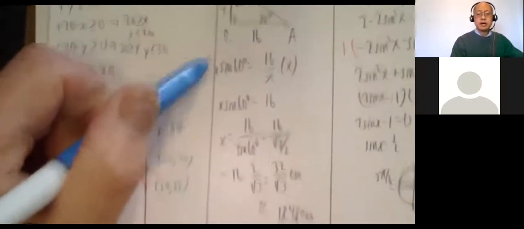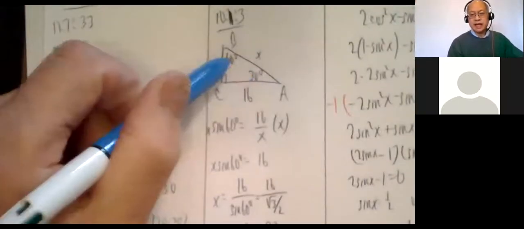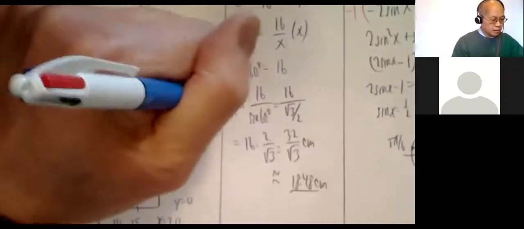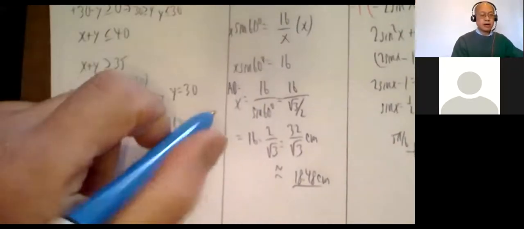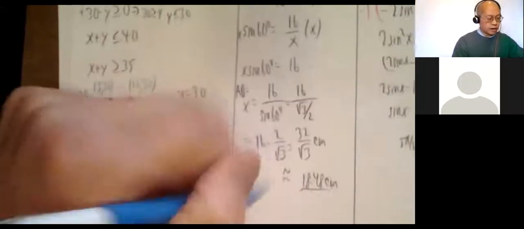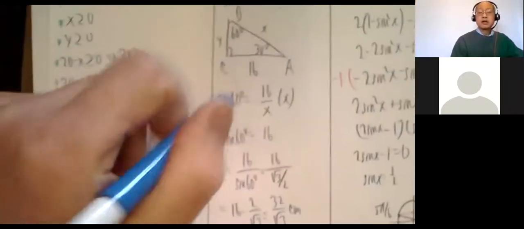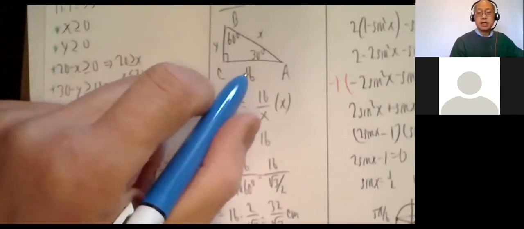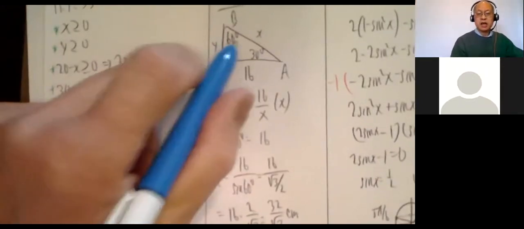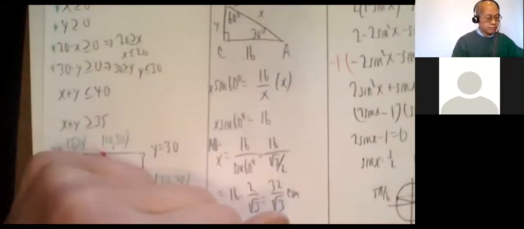Centimeters. Okay, then that's X, but they said find AB. So AB is equal to X, and BC is Y. So let's see. 60 degrees, opposite, adjacent. Opposite, adjacent sounds like tangent.